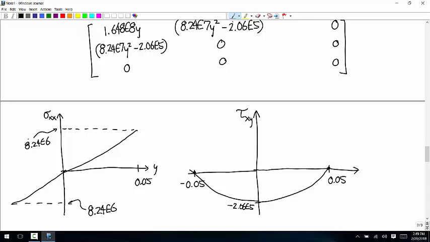Okay, so now we want to figure out, I don't think this really gives us a point to look at yet. What we have to do is take into account that we're trying to figure out for what y value we're worried about this thing fracturing, given that we're most concerned about fracture due to bending at negative and positive 0.05, and we're most concerned about fracture due to that shear force here.